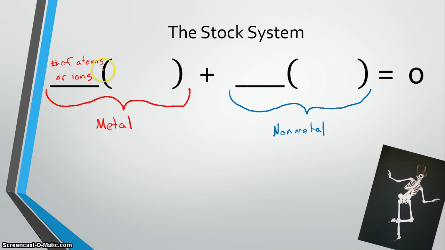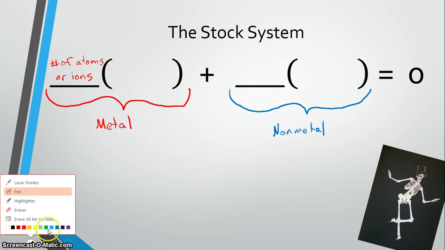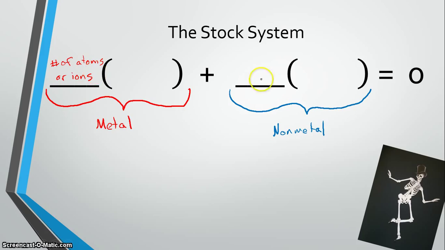So whatever ends up on this line is going to be the number of atoms or ions that I have in this chemical compound. Now, what's really simple about this is that the same thing is true on this side with the nonmetals. But here, we're talking about the number of atoms or ions of nonmetals.